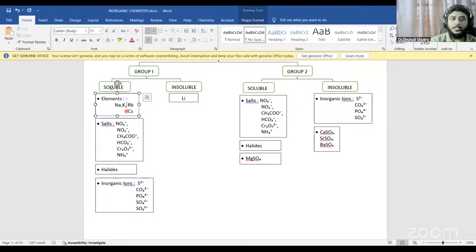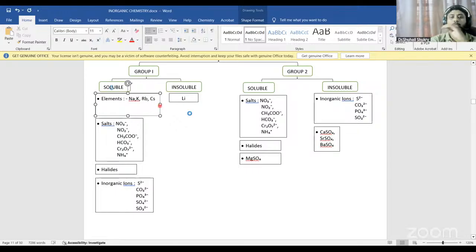All these elements are soluble in water.